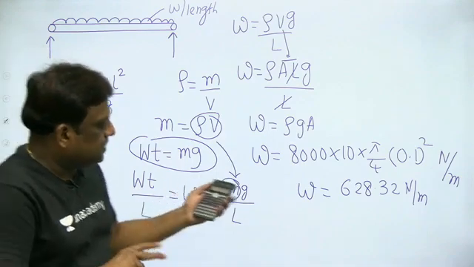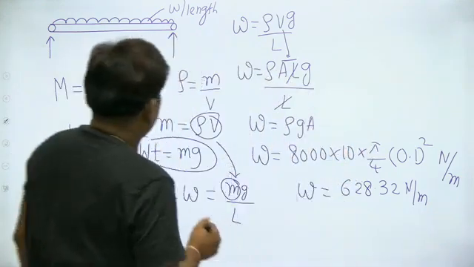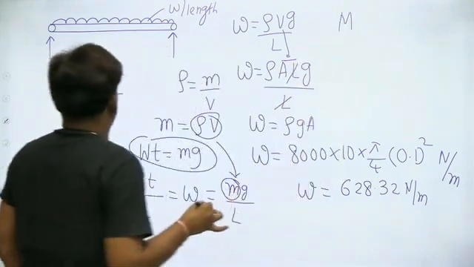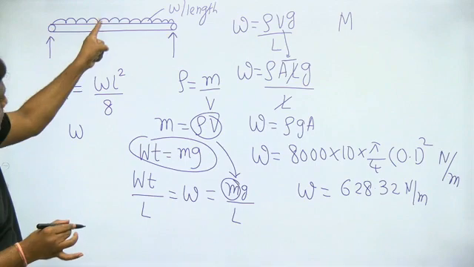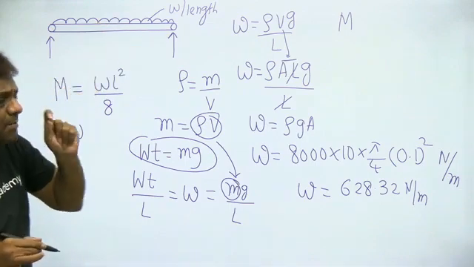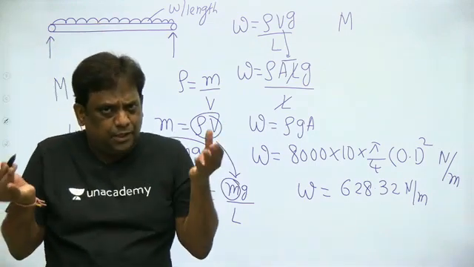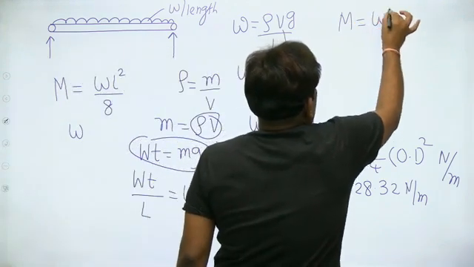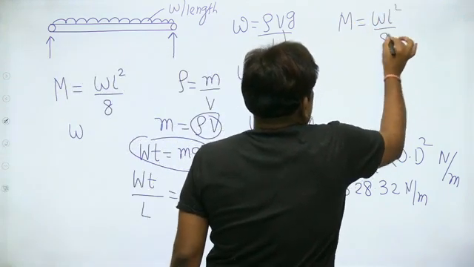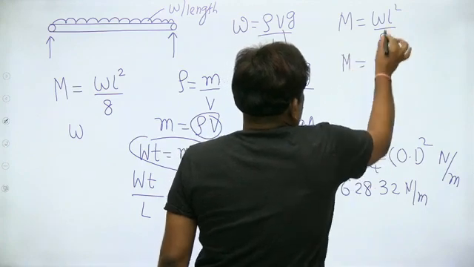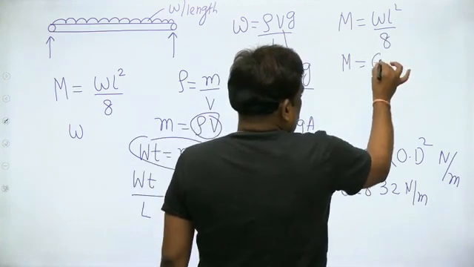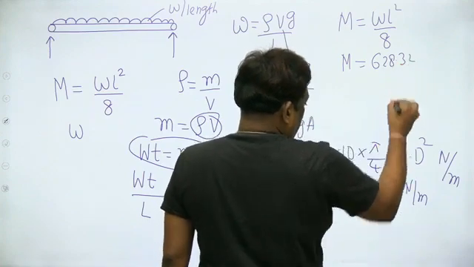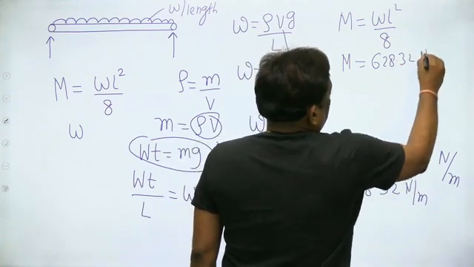Yes, this is w. Let's calculate the maximum bending moment. Whenever the shaft is subjected to a uniformly distributed load throughout the length, the maximum bending moment for a simply supported beam is given by wL square by 8. Please take care of units. w is 628.32 Newton per meter.